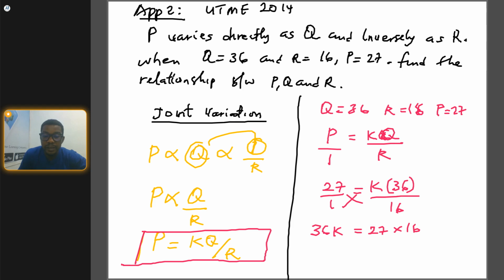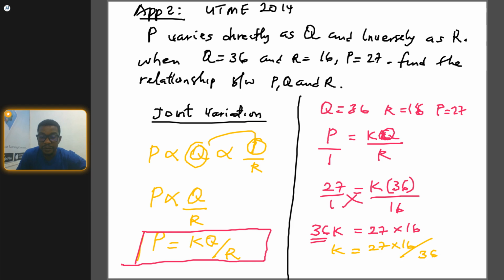I proceed to divide both sides by 36, because 36 is the coefficient of K. So K will now be equals to 27 times 16 all over 36. And we can do some division here just to make it more simplified.